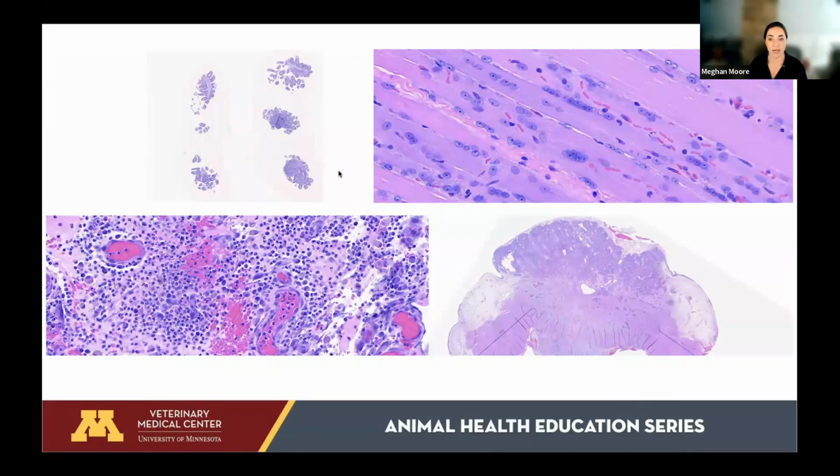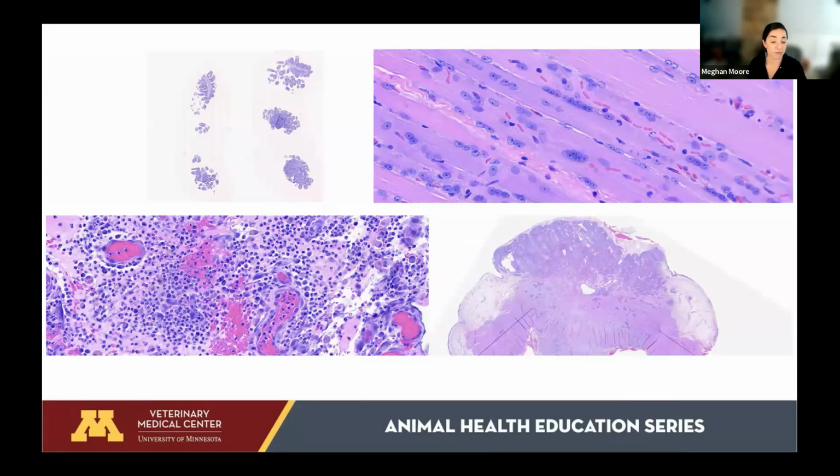Commonly in cats, if we're concerned about inflammatory bowel disease, this is how we would help to rule that out or rule that in. Upper right is skeletal muscle from a dog, very pretty again. Some of those muscle cells are actually regenerating, and so we can look and determine what's going on there.